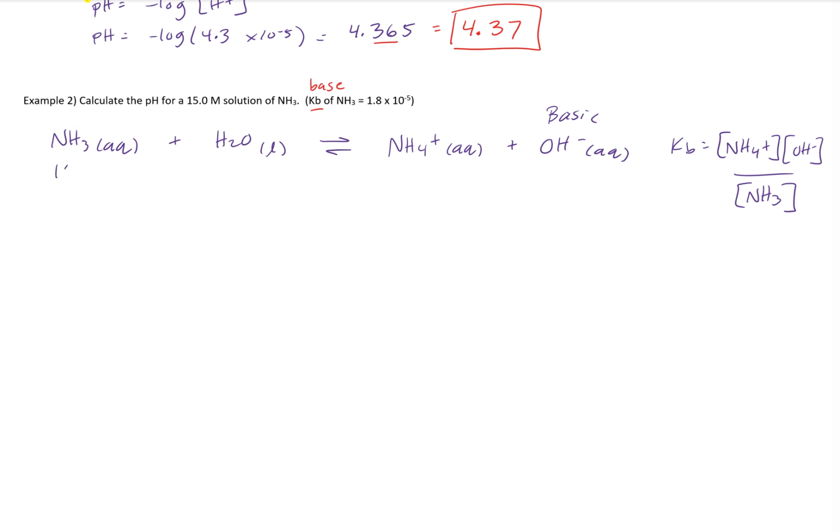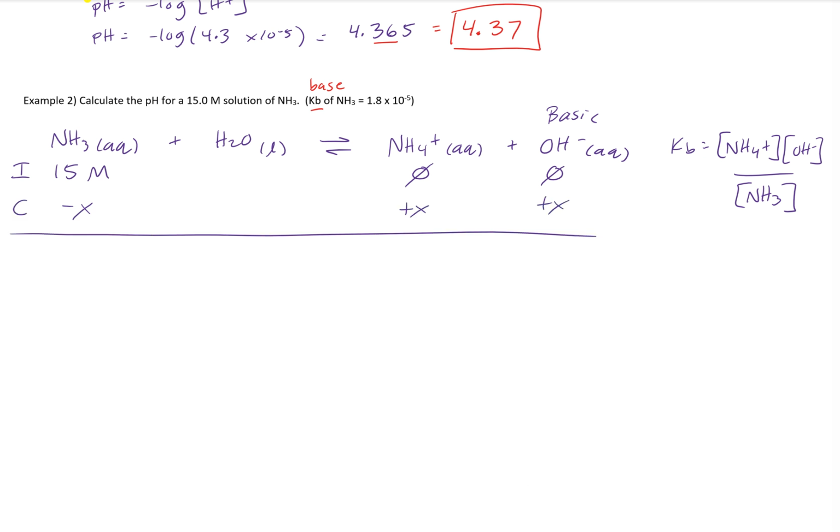It's starting with a concentration of 15 molar, 0 for our products, minus X, plus X, plus X. So at equilibrium, ammonia is 15 molar minus X, ammonium is X, hydroxide also X.